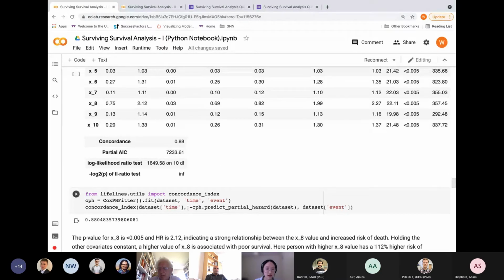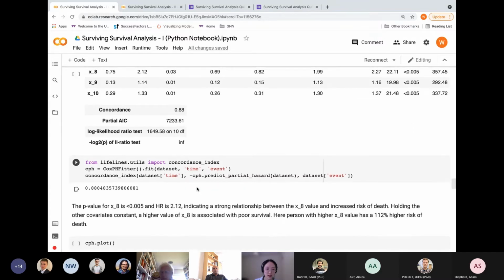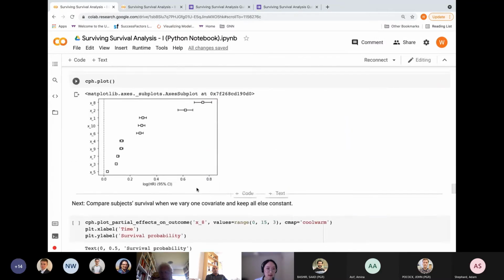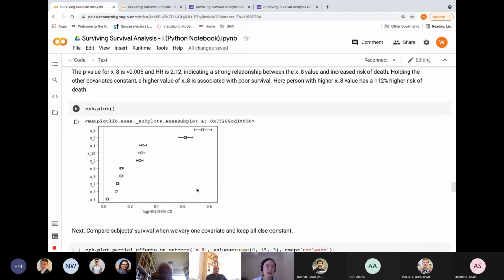There is another way to calculate the concordance index. You can call the concordance index method from the lifelines package, and then we can get the same value, which is 0.88. You can also plot the regression coefficients using the plot method.